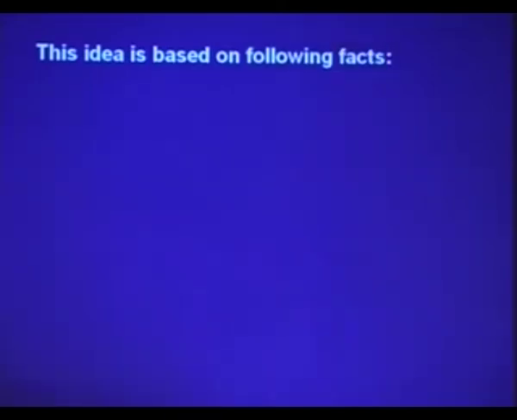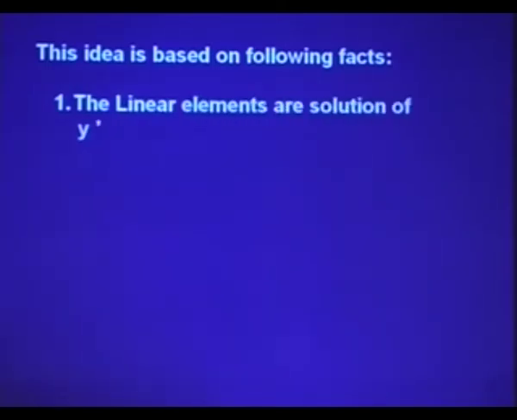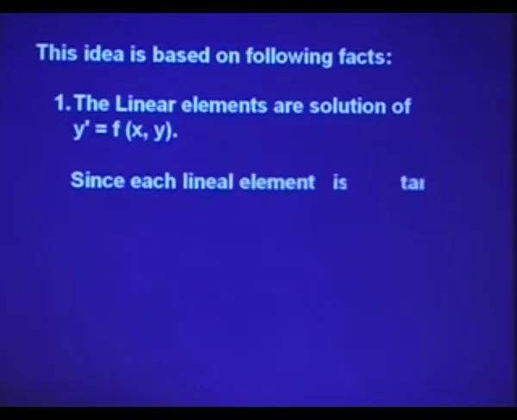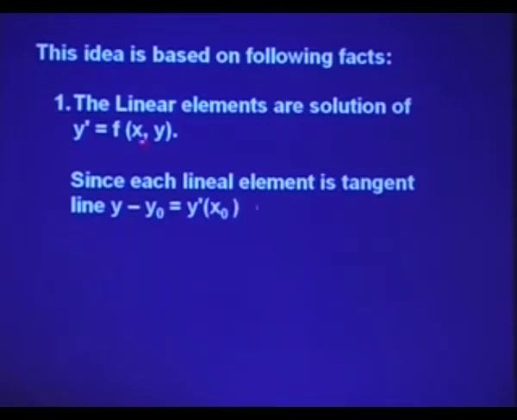The first fact is that the linear elements are solutions of y dash is equal to f(x, y). Why? y dash is the slope of the tangent at the point (x, y). That means f(x0, y0) is the tangent slope.